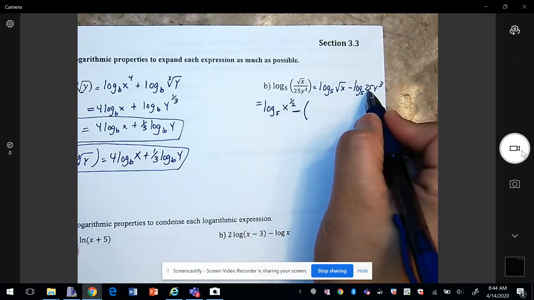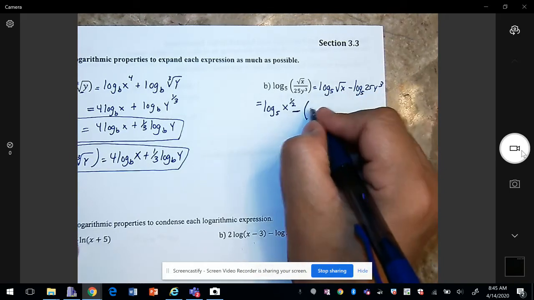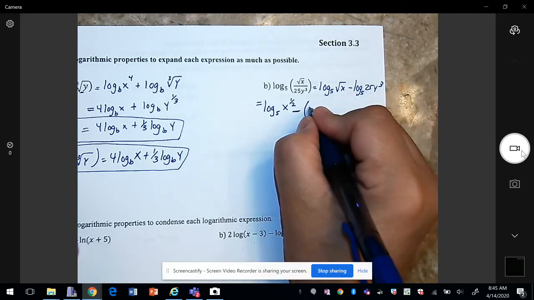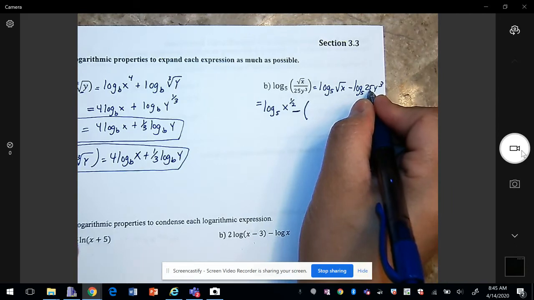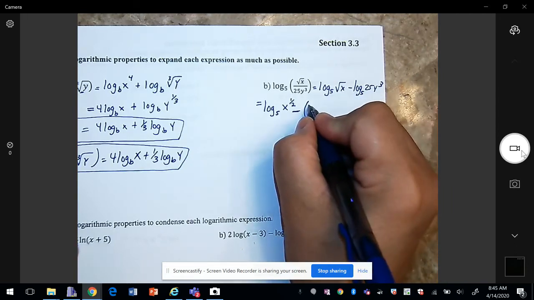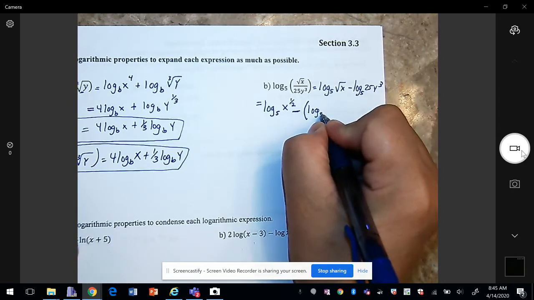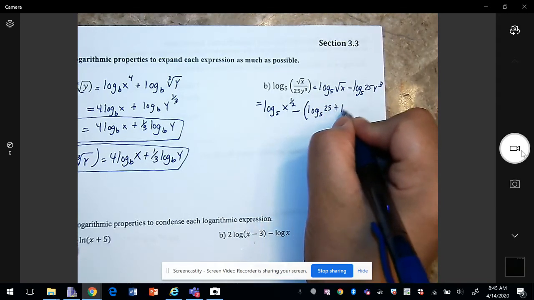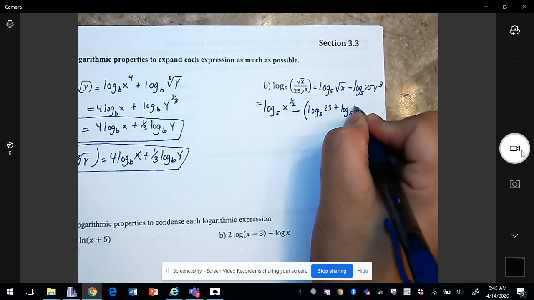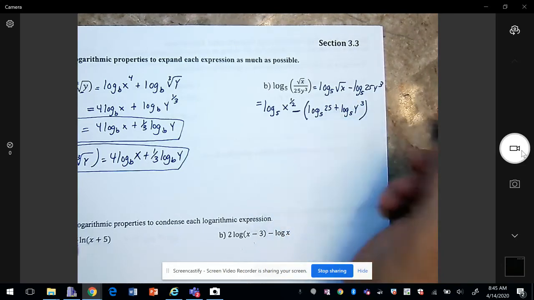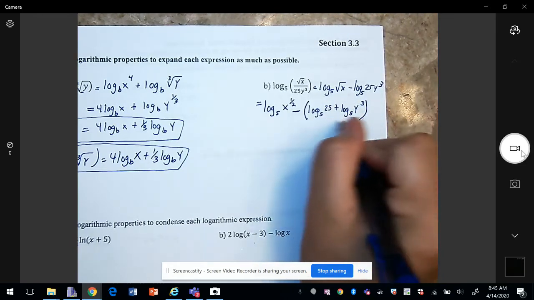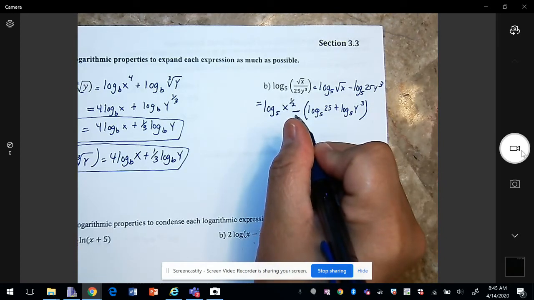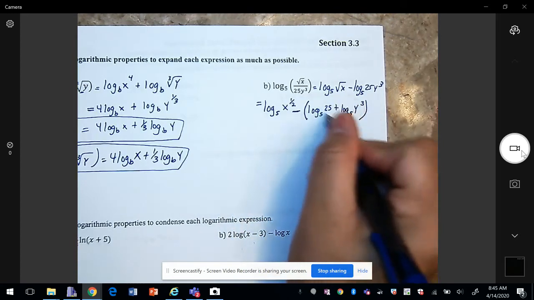Notice that I have 25 times y cubed, so I can separate those using the product rule. So we're going to have log 5 of 25 plus log base 5 of y cubed. It's important to put the parentheses because the subtraction is applied to the entire thing.